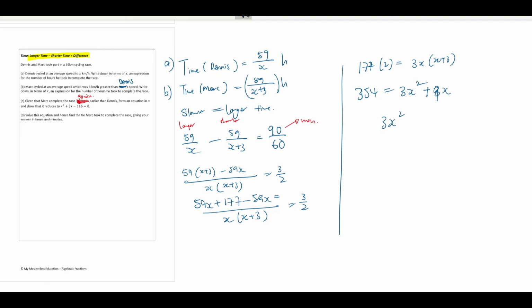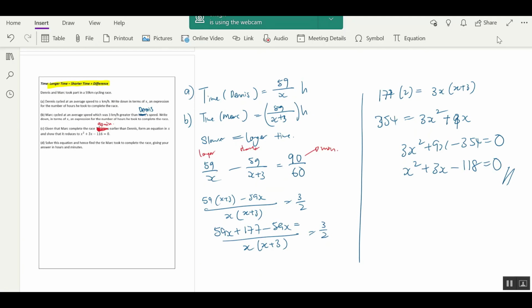So 3x squared plus 9x minus 354 equals 0. Everybody divide by 3: x squared plus 3x minus 118 equals 0.